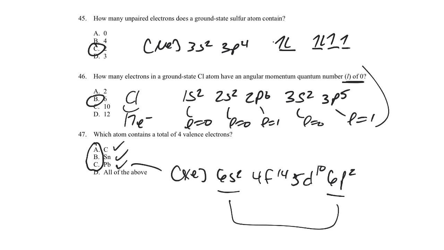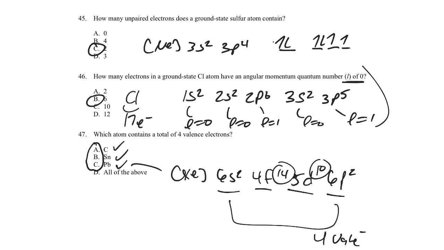That's our outermost shell. That's our 4 valence electrons. The filled f and d block don't count towards valence. So these aren't being counted towards our outermost electrons once they're completely filled. If they're empty, they count, or if they're not totally filled, they wouldn't be counted.